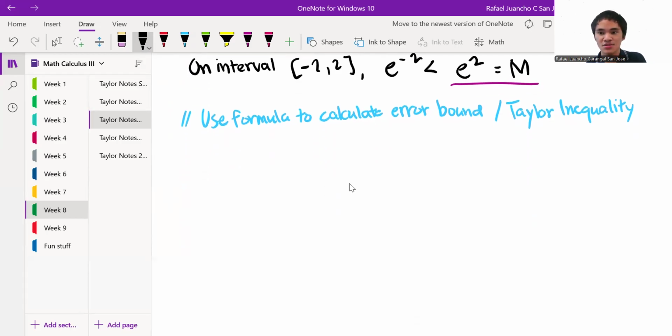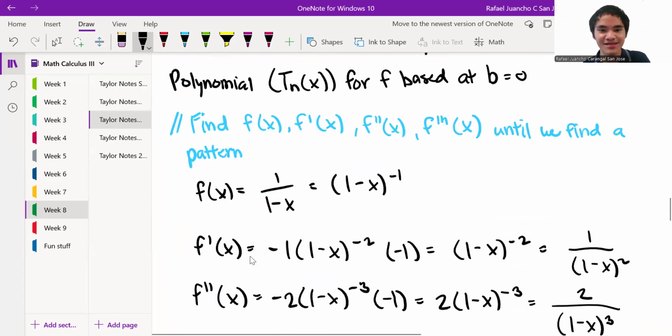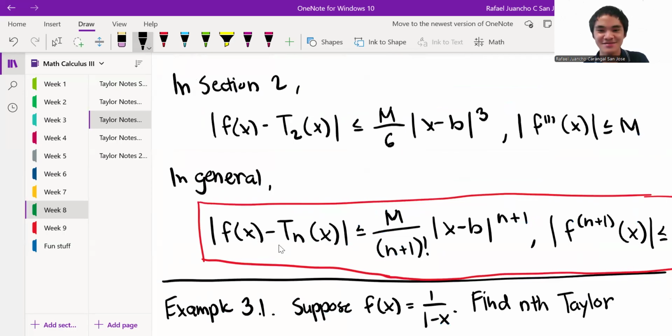Okay. So from here, let's calculate the inequality. So what do we know? Actually, I highlighted this. It was somewhere here. There we go.